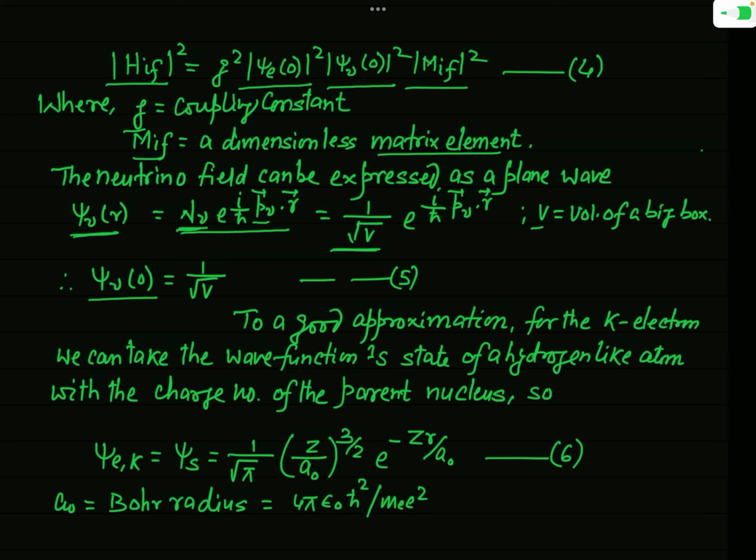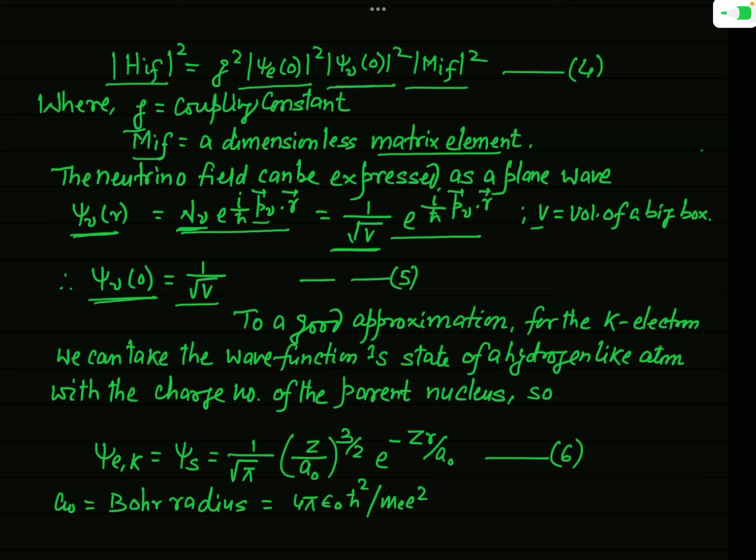When we take R equal to 0, this exponential factor will be e to the power 0, which is equal to 1. So in that condition, psi nu of 0 will be simply equal to 1 over root V. So you have calculated the value of psi nu of 0.